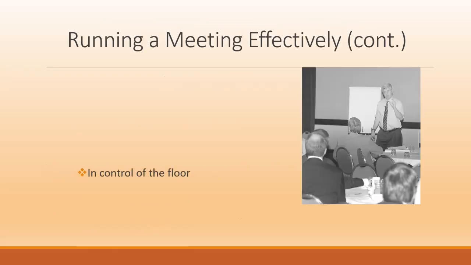This slide continues our discussion from the former slide, that is, how to run a meeting. The chair needs to be able to control the floor. That is, the chairperson is responsible to be sure that only one person is speaking at a time on one subject at a time.